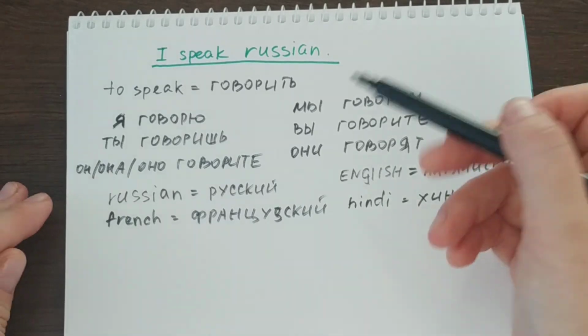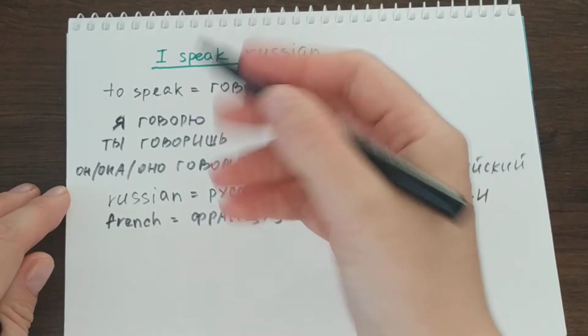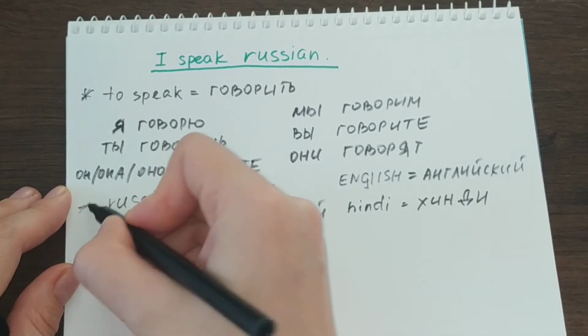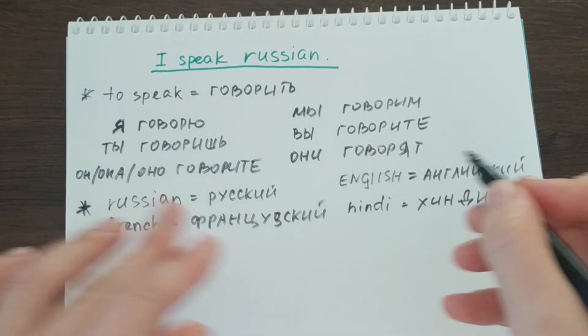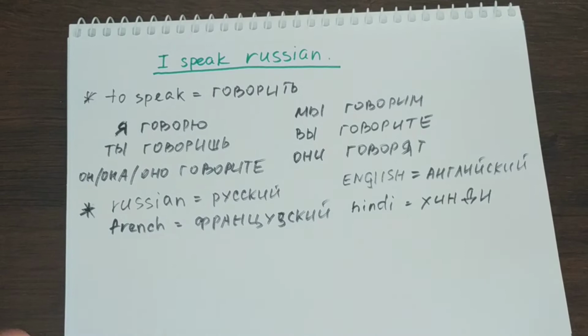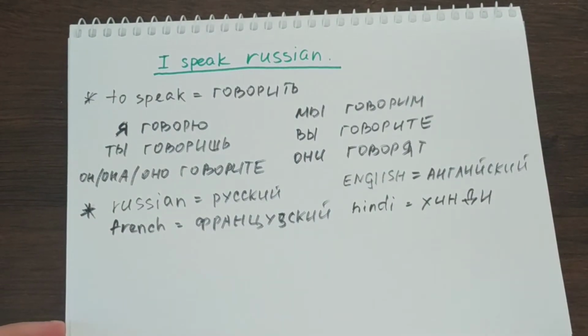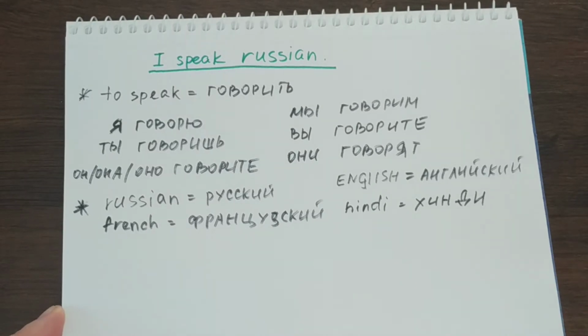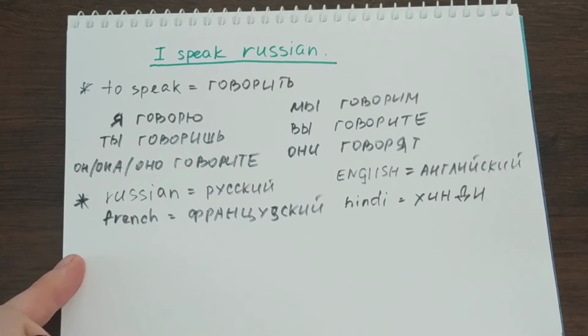So we know now the verb to speak. That is the first thing. Then we know the foreign language names. There are, of course, a lot of them. I'll just give you the example. If you want to learn more, you have to go and see that video I made about the foreign languages. I talk more fully about that theme. And now we just go straight to our theme, how to build a sentence.